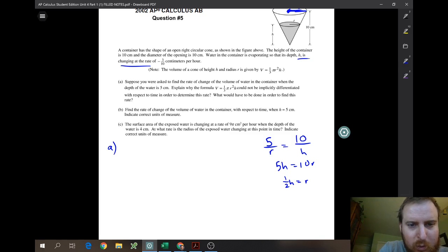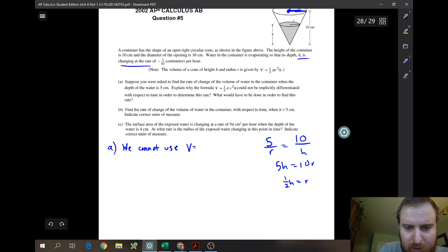So we're going to say we cannot use V equals 1/3 pi r squared h to implicitly differentiate with respect to time.